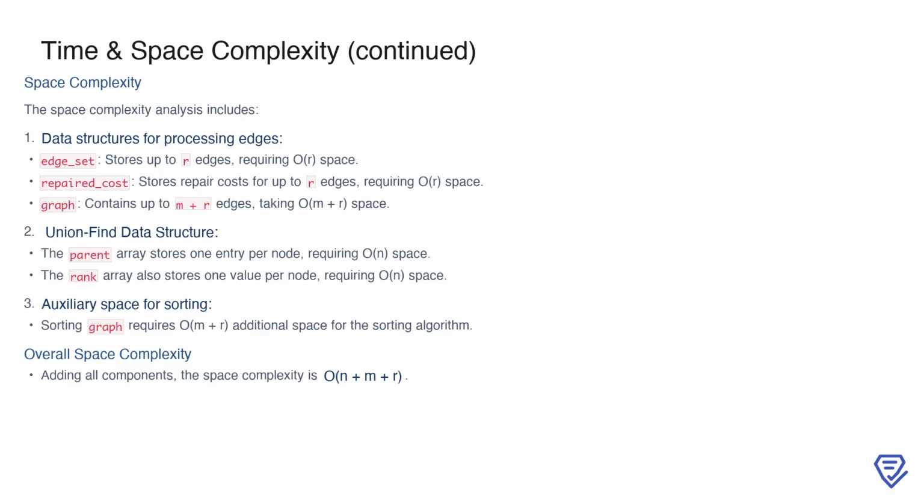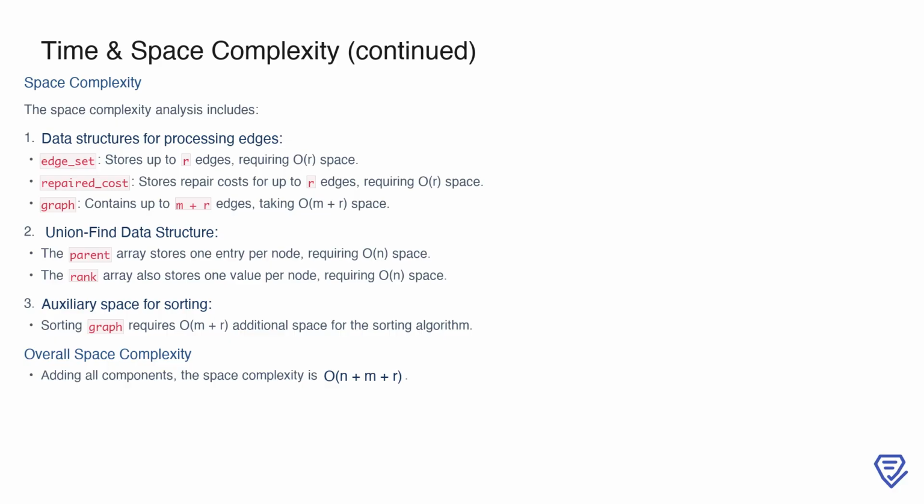First, we account for the data structures used to process the edges. The edge_set stores up to r edges, requiring O(R) space. Similarly, the repaired_cost dictionary, which holds repair costs for up to r edges, also requires O(R) space. The graph structure, which contains up to m plus r edges, takes O(M plus r) space. Next, we look at the union-find data structure.